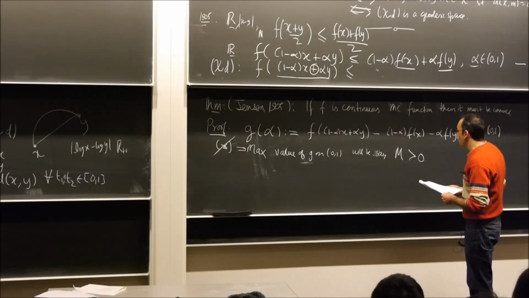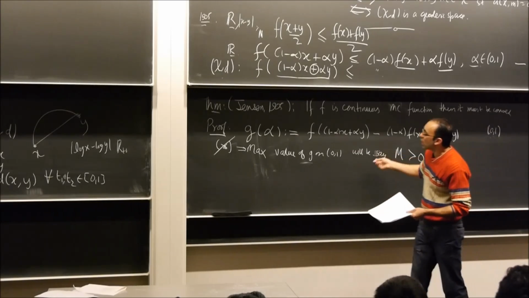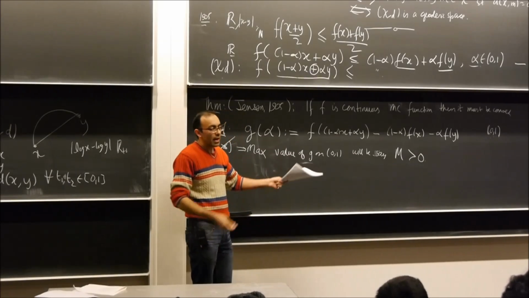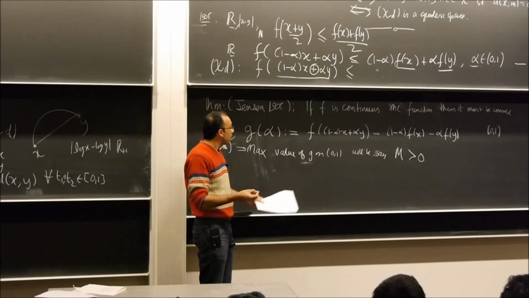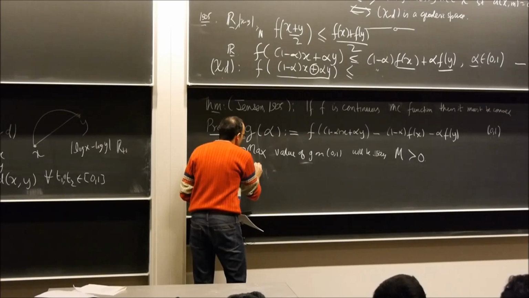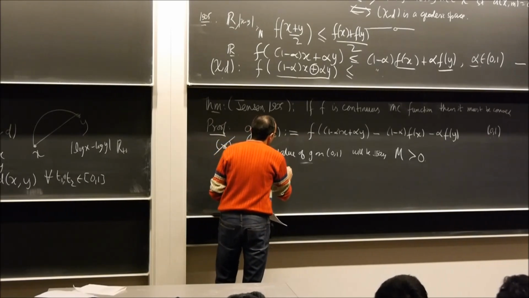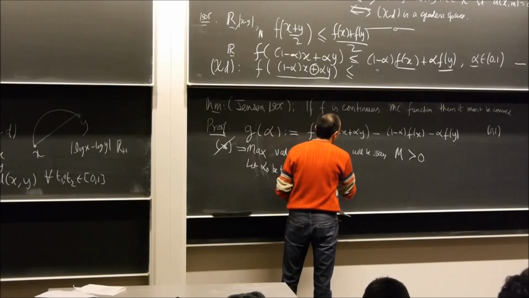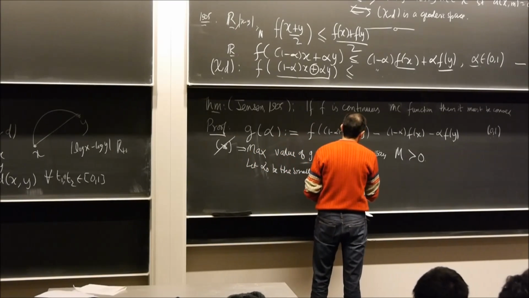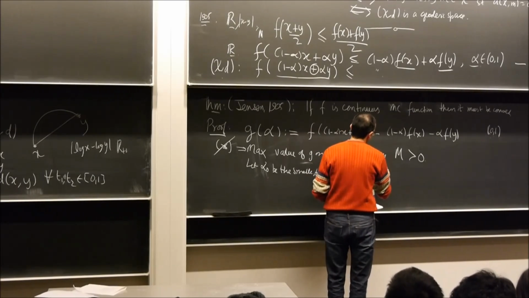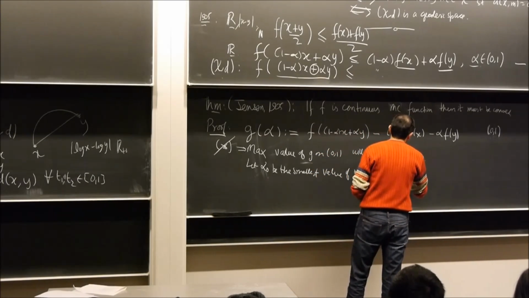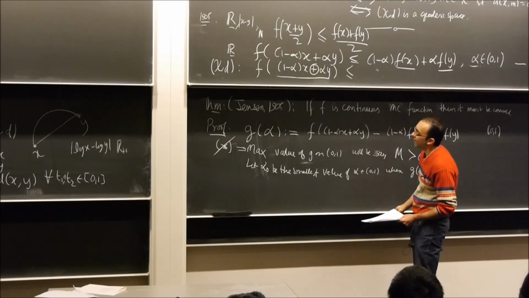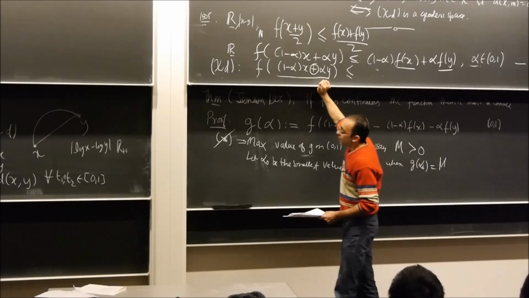Now out of all the possible places where it attains that value m, there can be several points, so pick the smallest. Let alpha 0 be the smallest value of alpha in 0, 1 where g of alpha 0 is m.